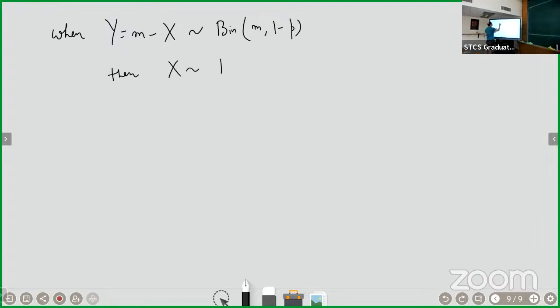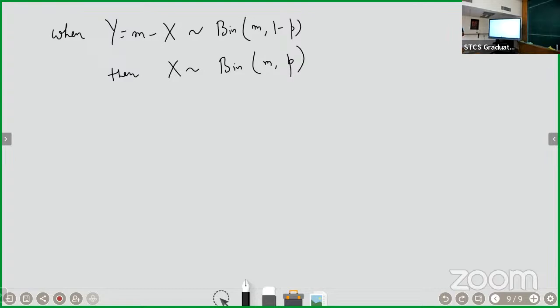So the interesting property: if N i is N i minus 1 minus X, then, weird. The first statement is given to you.